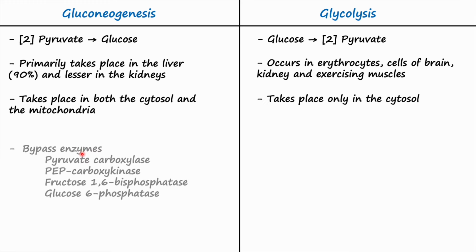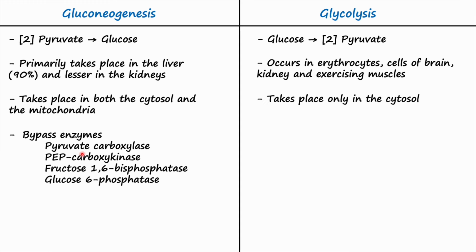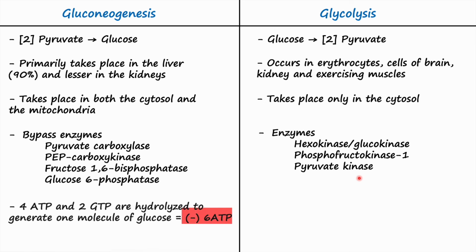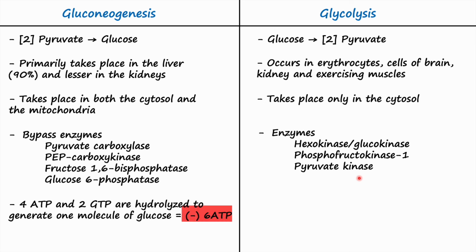There are 4 bypass enzymes of gluconeogenesis, which include pyruvate carboxylase, phosphoenolpyruvate carboxykinase, fructose 1,6-bisphosphatase, and glucose 6-phosphatase. And 3 important enzymes for glycolysis include hexokinase or glucokinase, phosphofructokinase 1, and pyruvate kinase. And lastly, gluconeogenesis consumes 4 ATP and 2 GTP, which are hydrolyzed to generate 1 molecule of glucose.